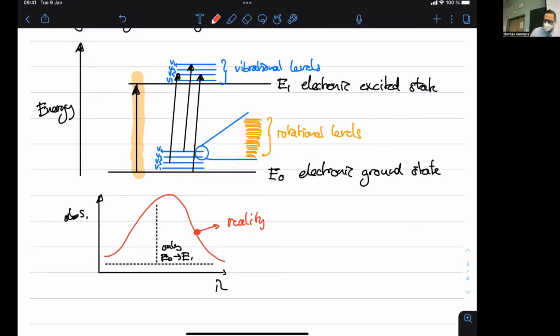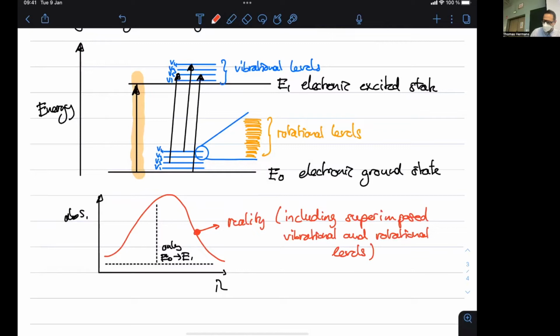So in reality, you have this, including superimposed vibrational and rotational levels, right?